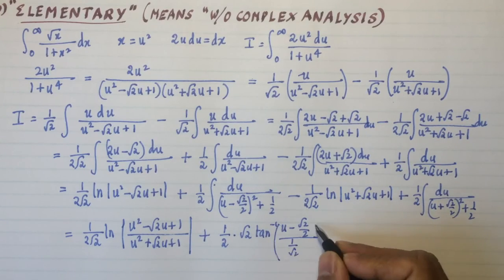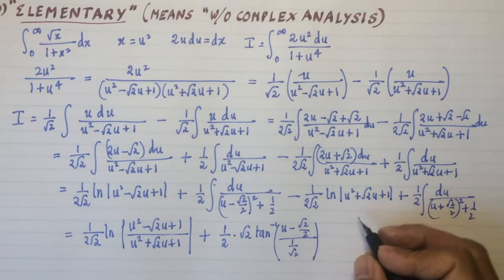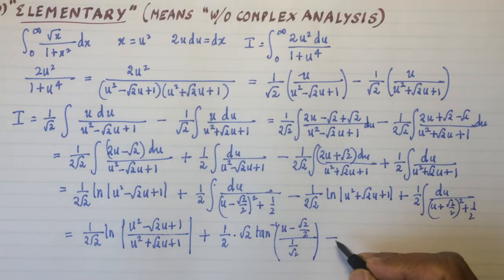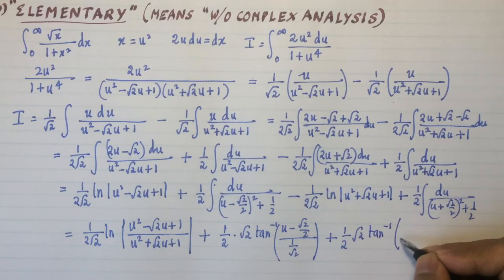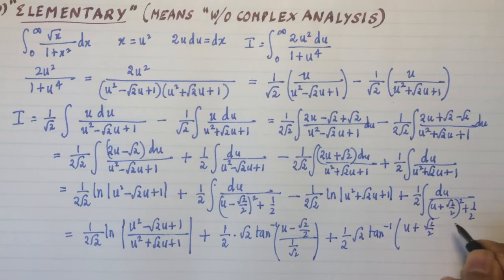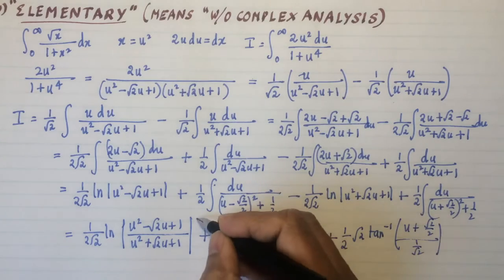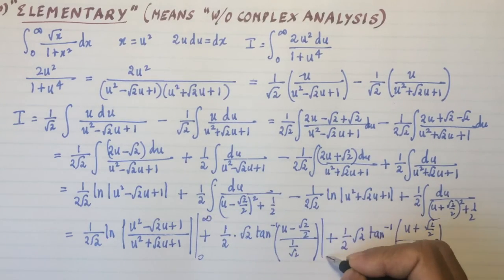Technically I should put the absolute value sign, but I'm not going to do it. And then I have plus 1 over 2 root 2 tan inverse of u plus root 2 over 2 over 1 over root 2 plus c, but I'm going to evaluate all this from 0 to infinity.